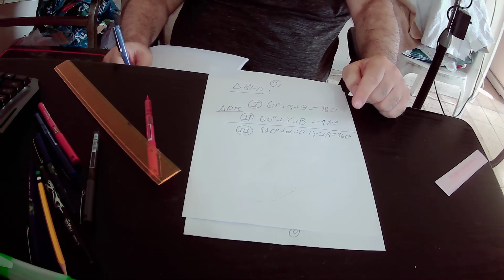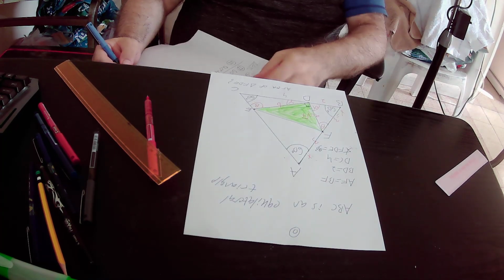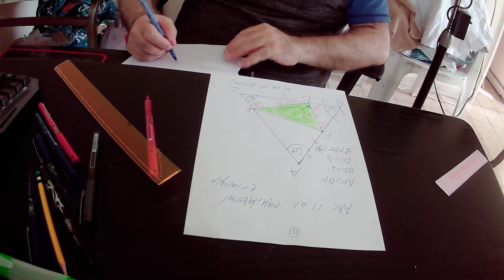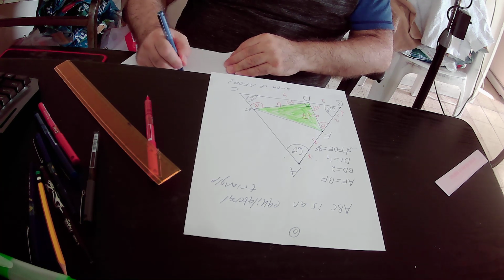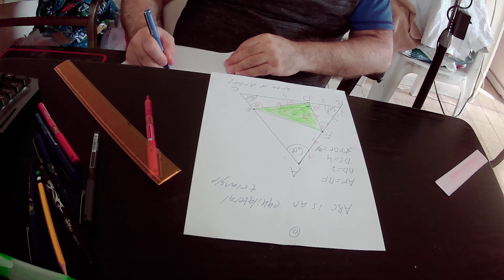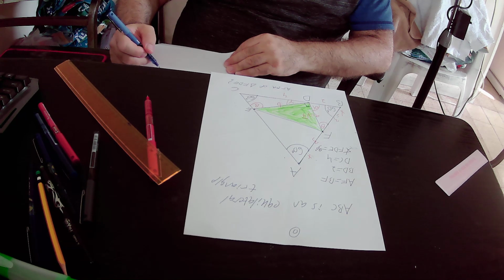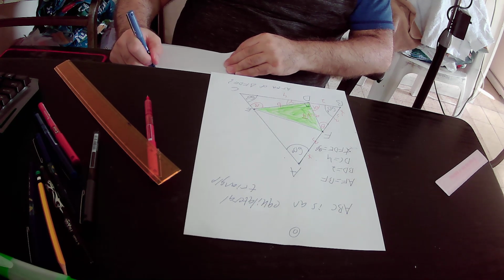Okay, now we can subtract 120 degrees from equation number 3, and we will get that alpha plus theta plus gamma plus beta equals 360 degrees minus 120 degrees, which equals 240 degrees.